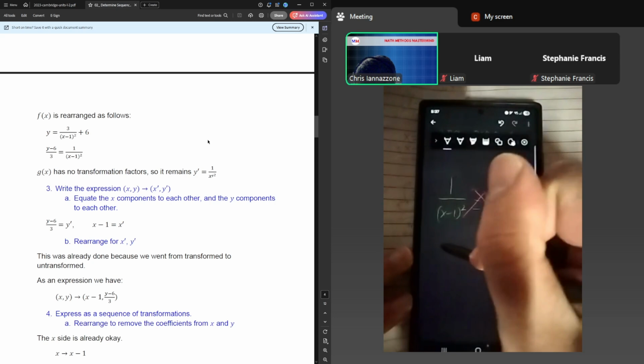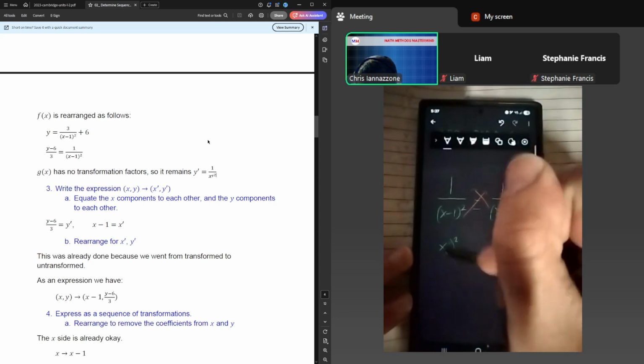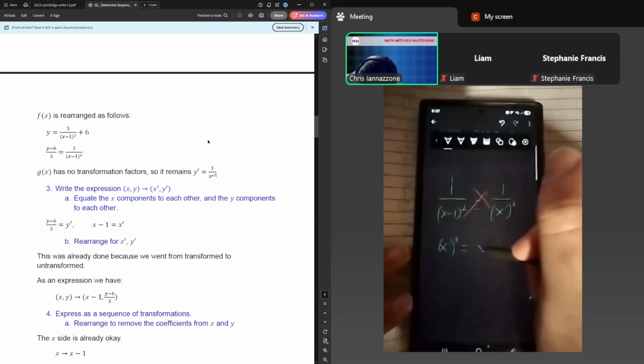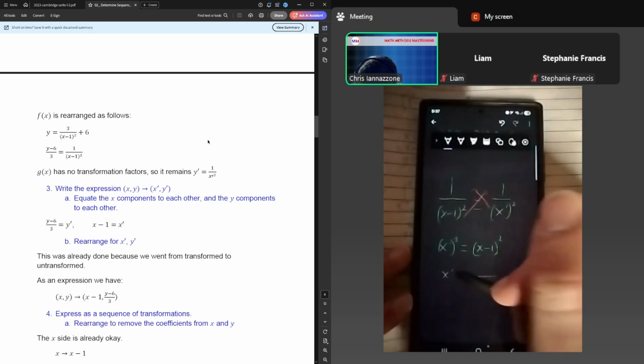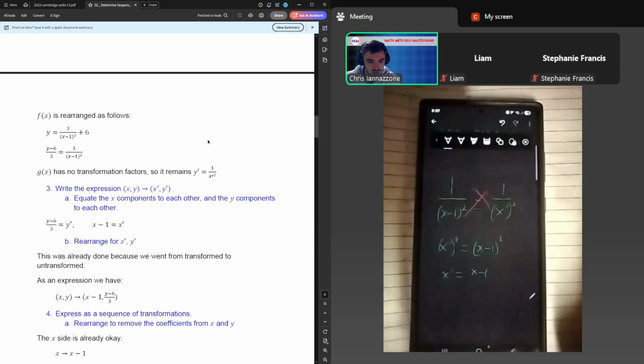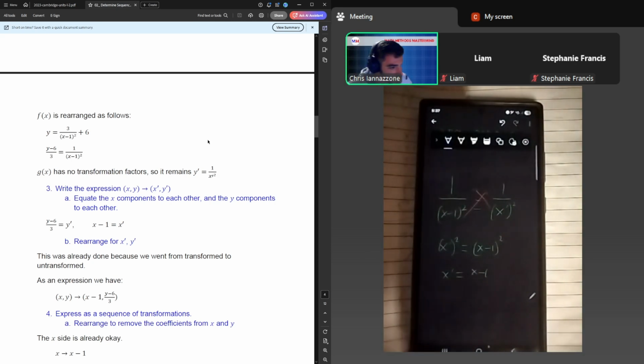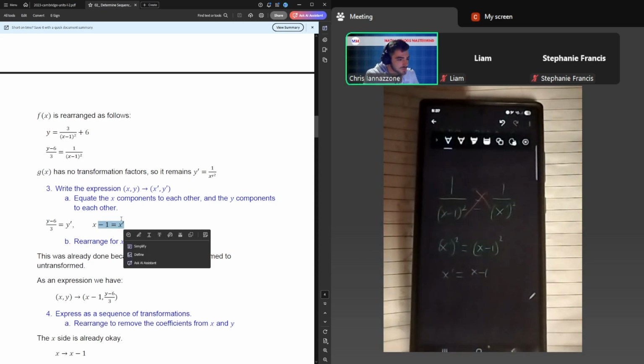Cross multiply in that way. You're going to have x dash squared equals (x minus 1) all squared. And then finally, you square root both sides: x dash equals x minus 1. You get back to where you would have gotten if you were able to identify the actual transformation factor first. So this is a fallback strategy. If you forget what you're doing, just grab the entire right-hand side.